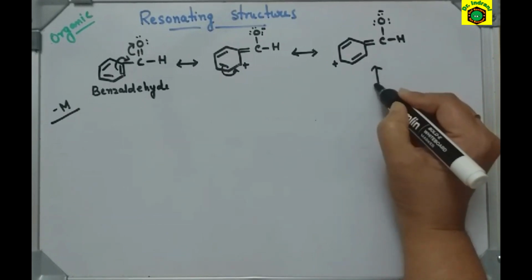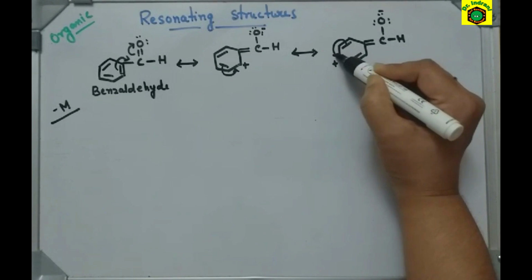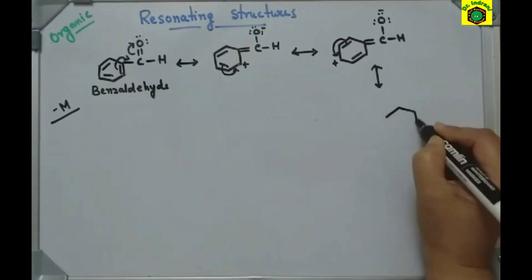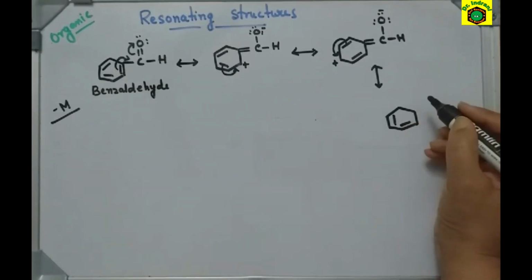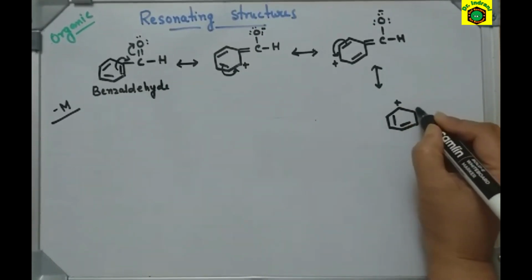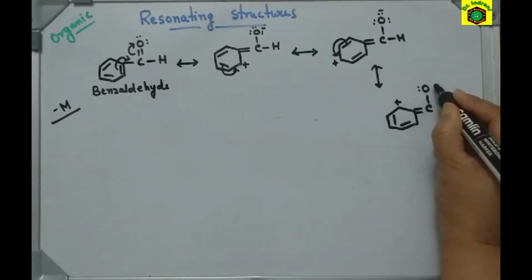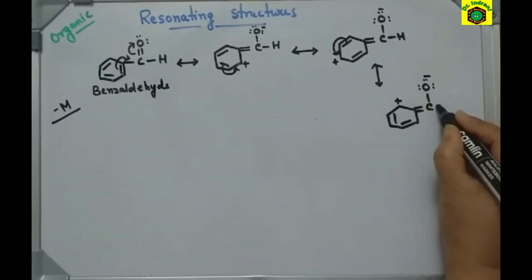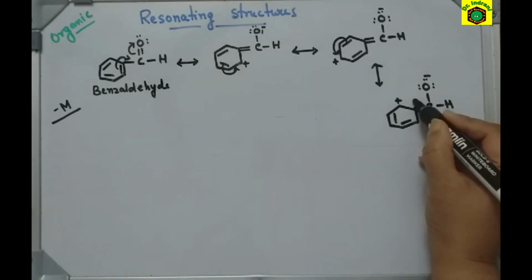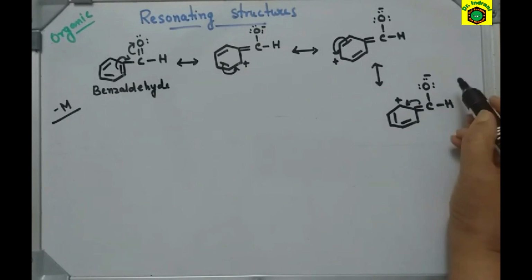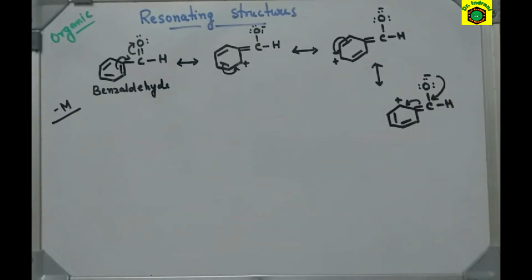Now here I am writing. After that what will happen? This pi electron density will be transferred here. So this electron density will be transferred here.